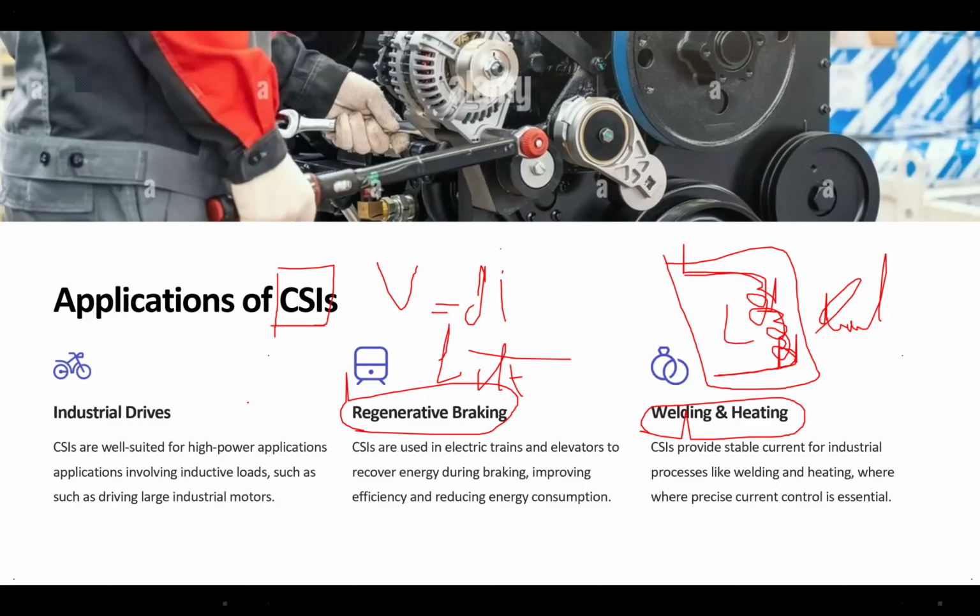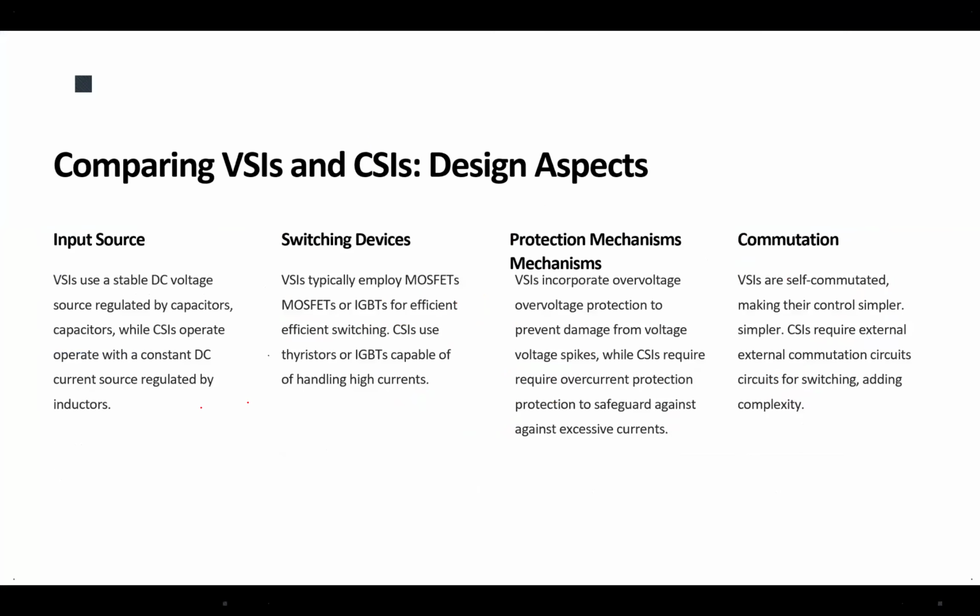Same goes for the capacitive load. If you have a capacitive load, the best option would be VSI. We don't normally have pure capacitive loads, but in a special situation, the voltage source inverter would be the perfect answer because it provides a more regulated, stable voltage.